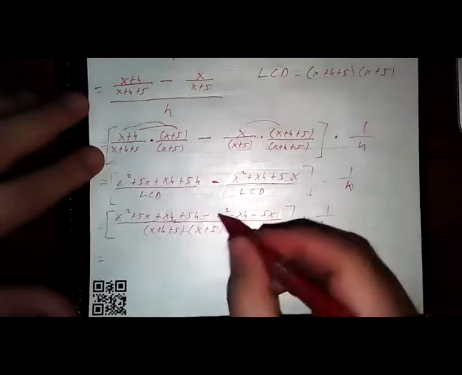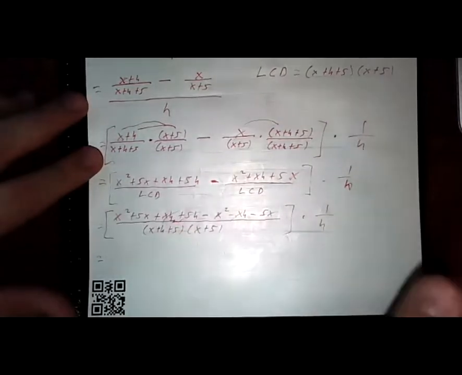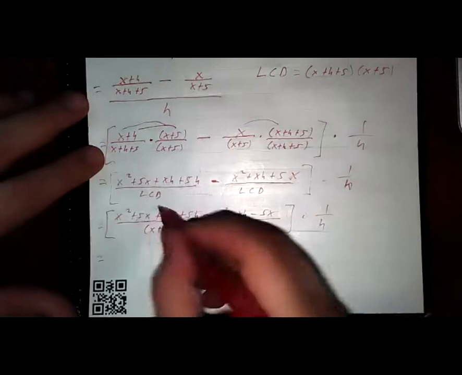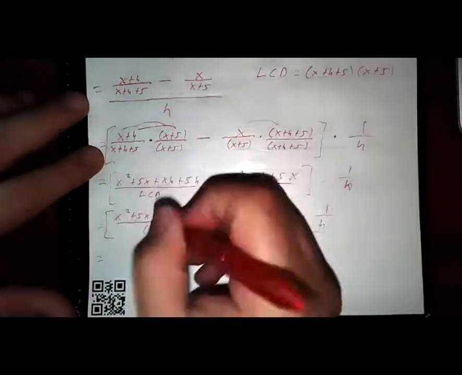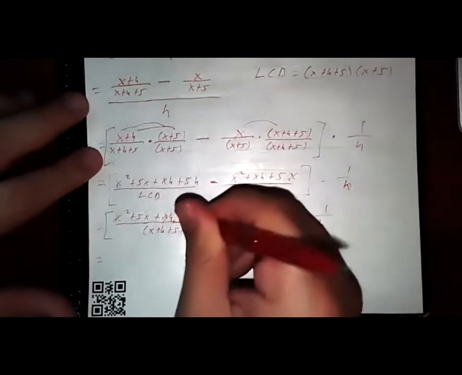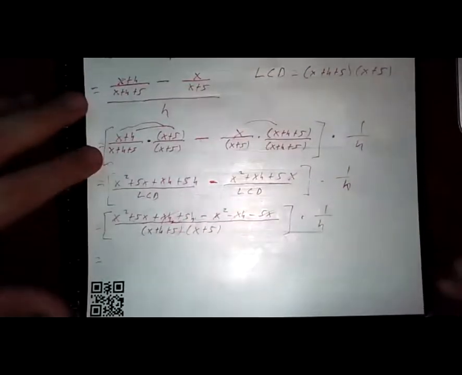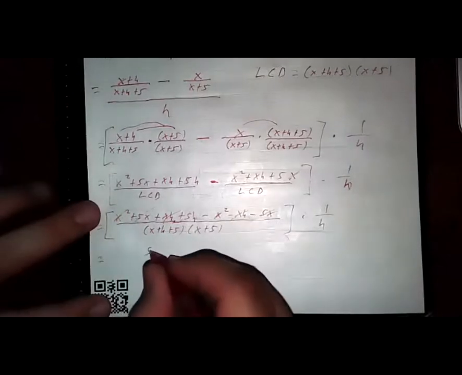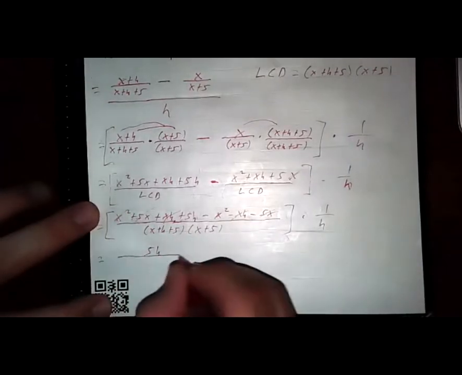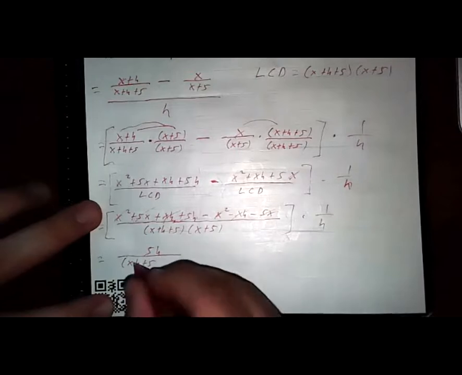So the x squares are gone. xh is gone. 5h is not gone. 5x is gone. This one's fine. 5h is fine. So we're left with 5h over the LCD that we introduced, x plus h.